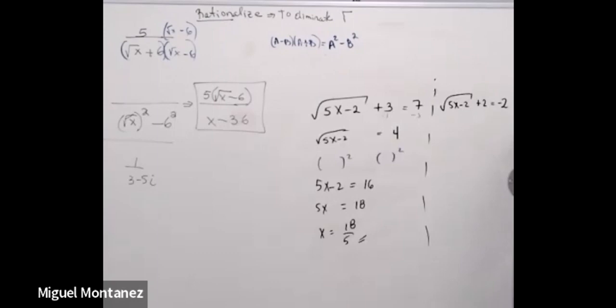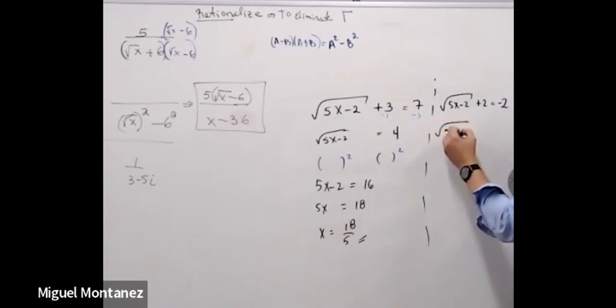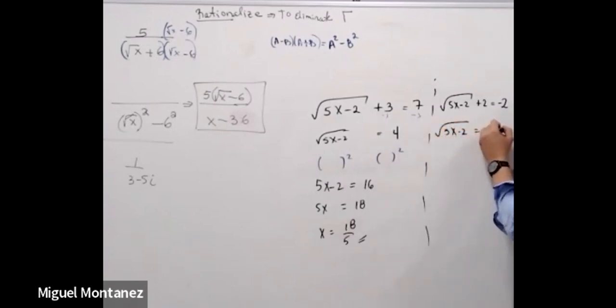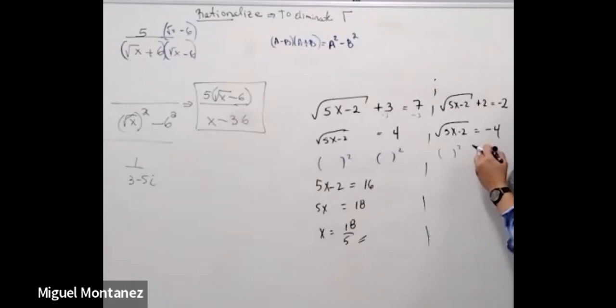So you subtract 2, negative 2, it'll be negative 4. And then you square: the square root of 5x minus 2 equals negative 4. You square the 5x minus 2, cancel out the radical, and then it'll be negative 4 squared, which is negative 16.